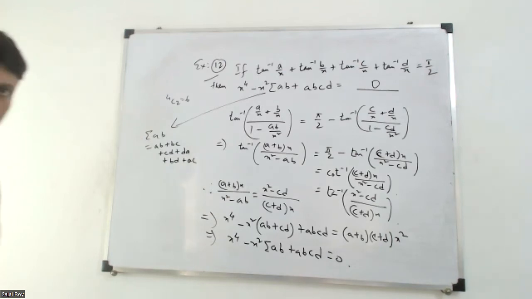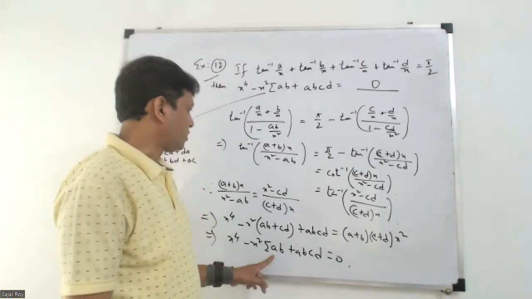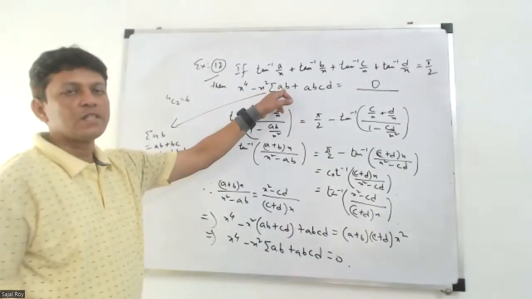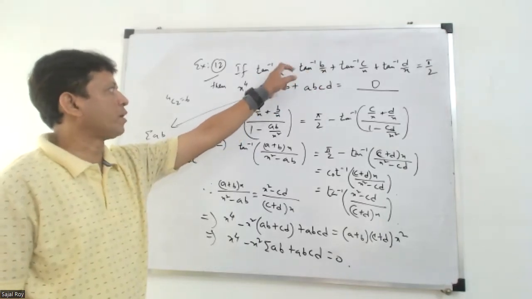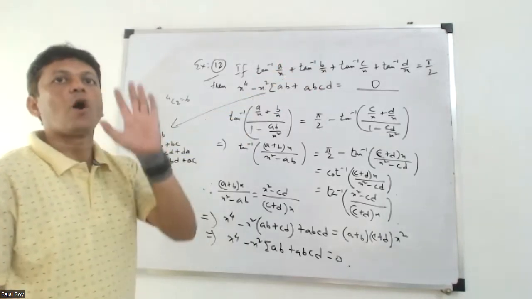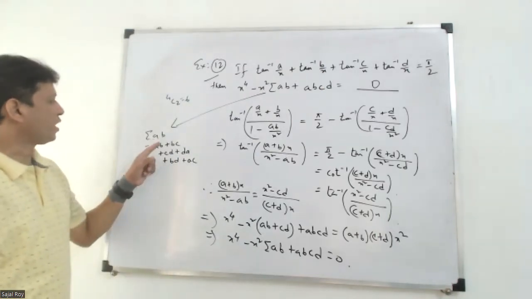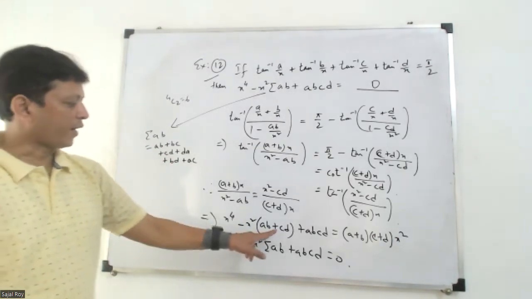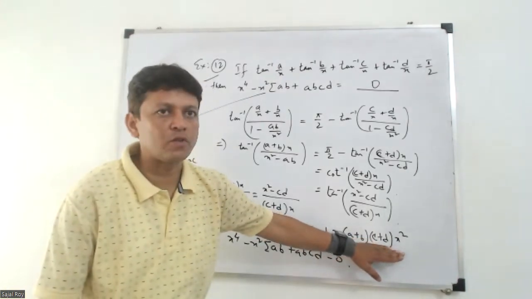Clear? Where do you have a problem? Sigma ab means the sum of the products. Sum of the products means you have 4 numbers a, b, c, d, so how many terms do you have? 4C2, 6. So summation ab is ab, bc, cd, da, bd, ac. Already you have 2 terms here, and if you take the product of this, you have 4.